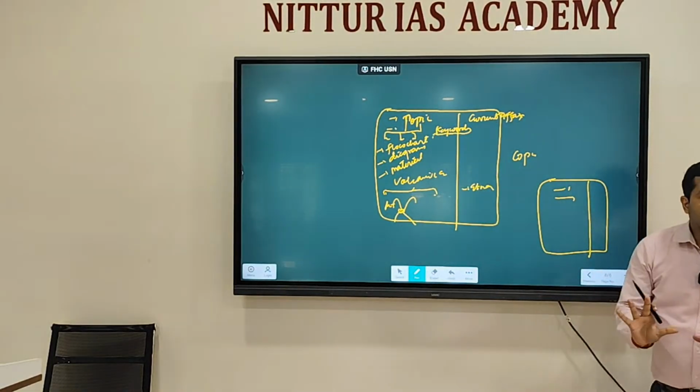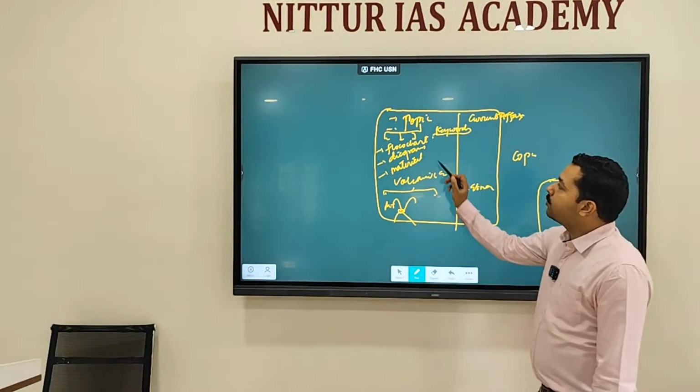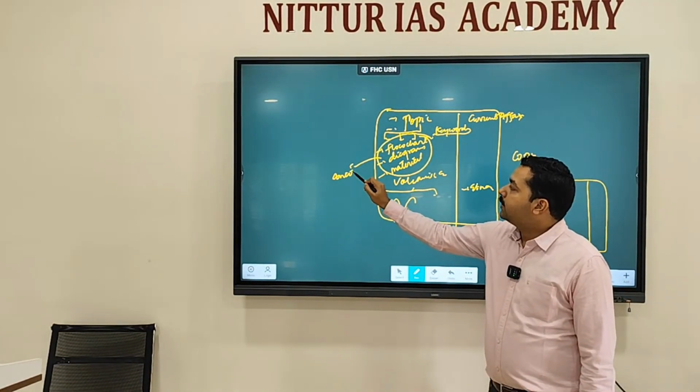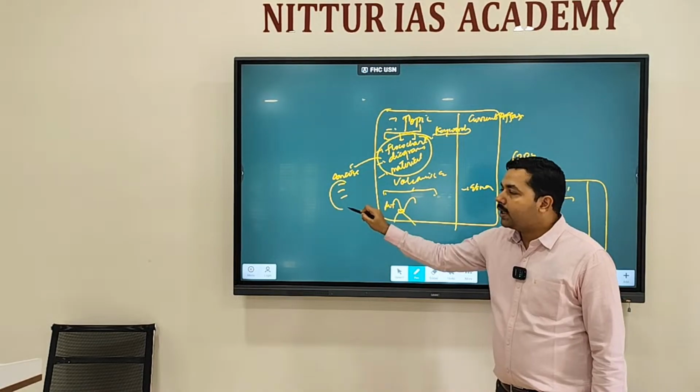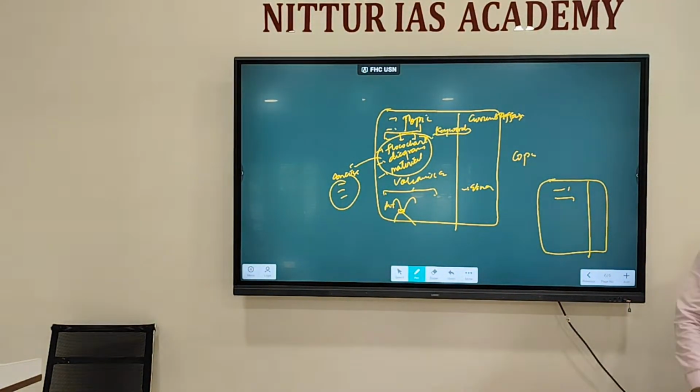Clear? So first you will have to write keywords, that if this question comes, volcanic eruption comes, I'm going to write these keywords in the answers. So you have to mention keywords. That is one important thing. And the second important thing is, write certain concise points that you are going to elaborate in the examination. Clear?